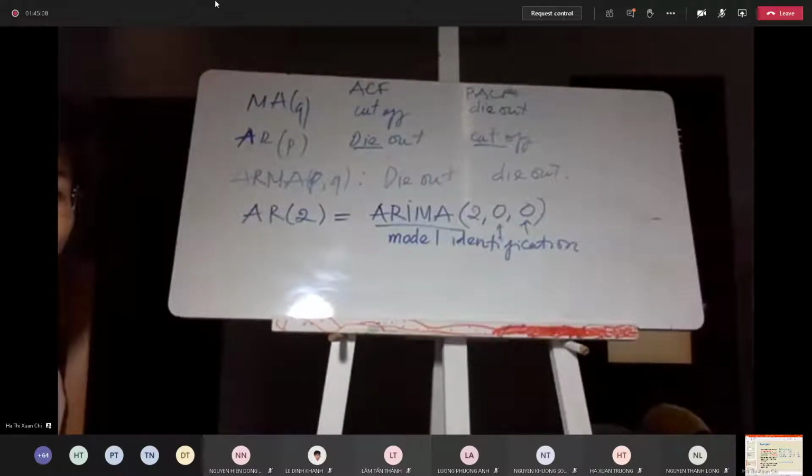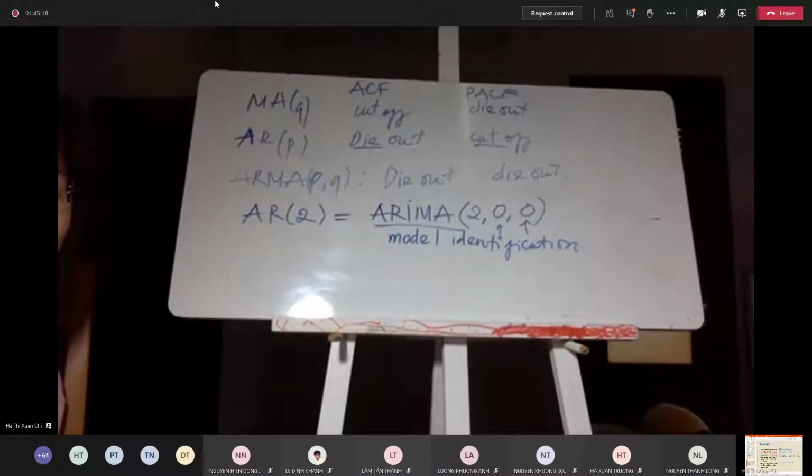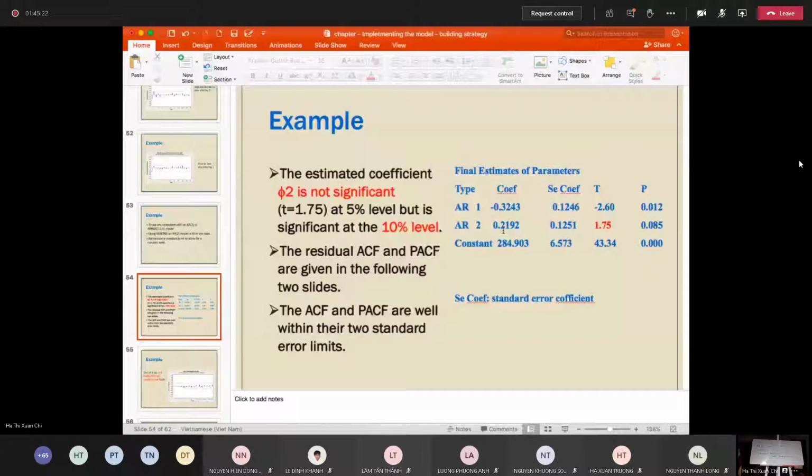We estimate, what should we consider here? We consider the AR2, which has a T value of 1.7.